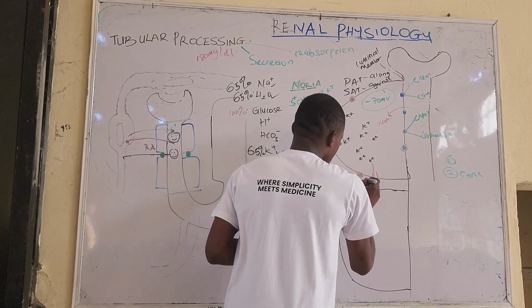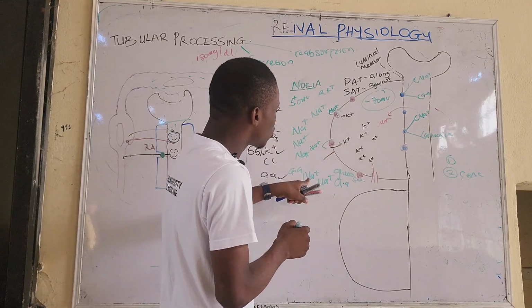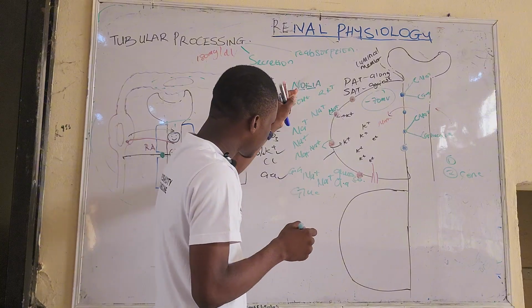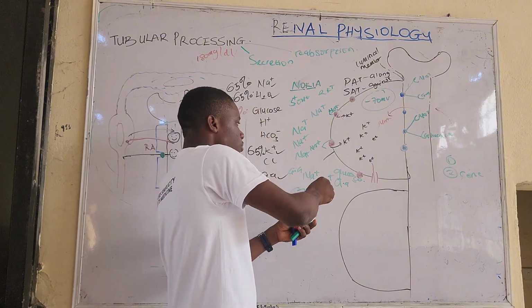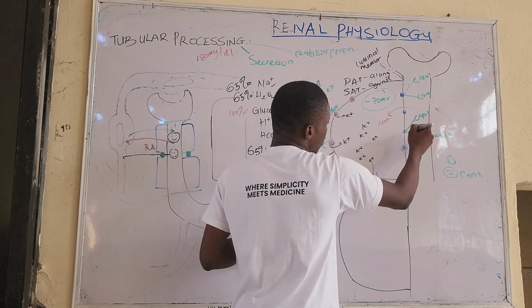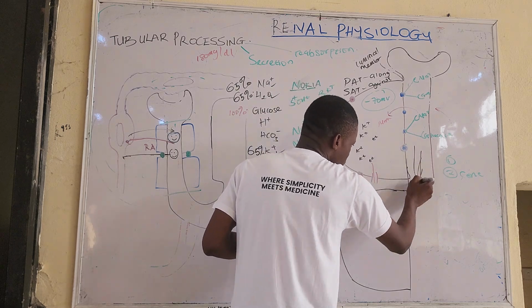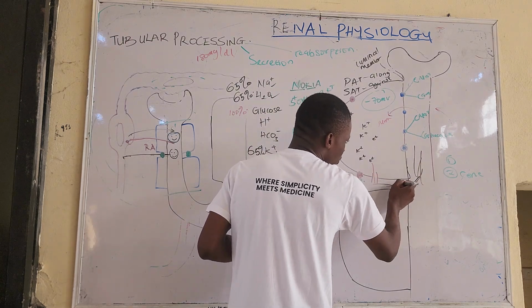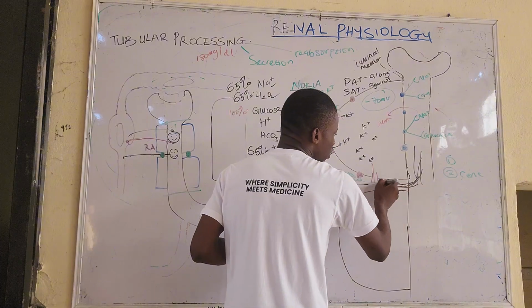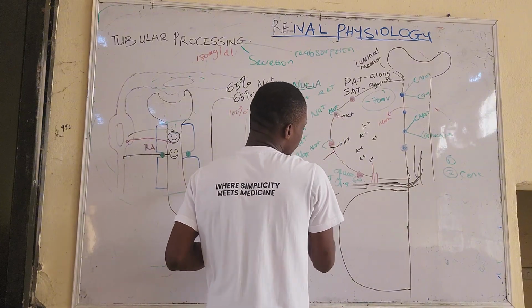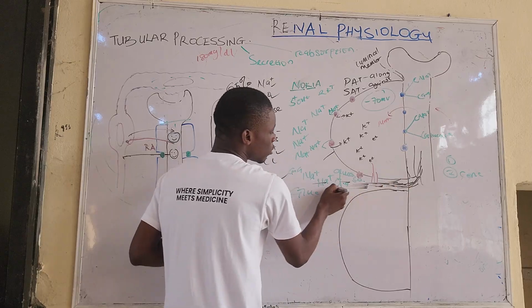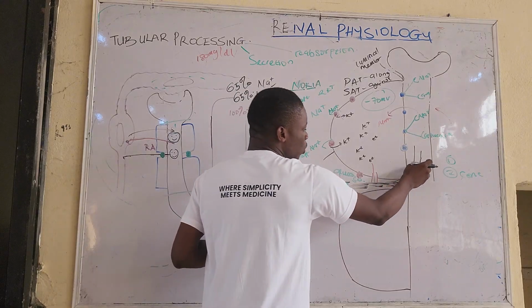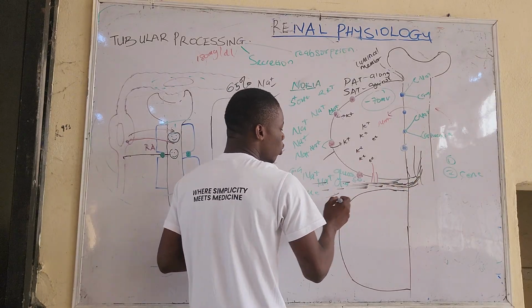So because this place is highly concentrated with solutes, water, apart from moving like this, will diffuse out through the paracellular way. Water will leave through the paracellular mechanism, and as water is moving, it will pull along chloride.